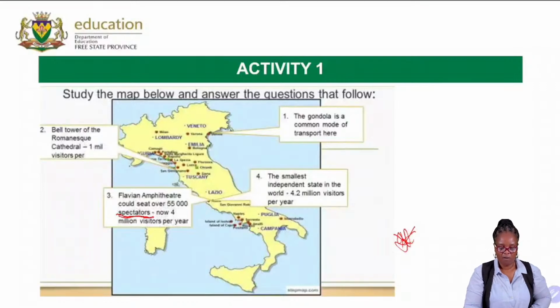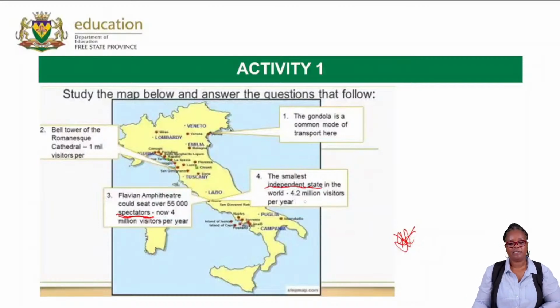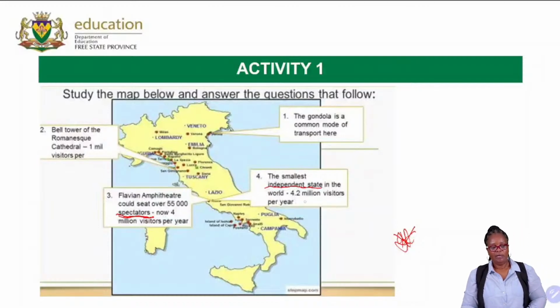Then, number 4, it says that it is the smallest independent state in the world, and it has more than 4.2 million visitors per year. So when you look at these scenarios, you have to know the name of the icon.